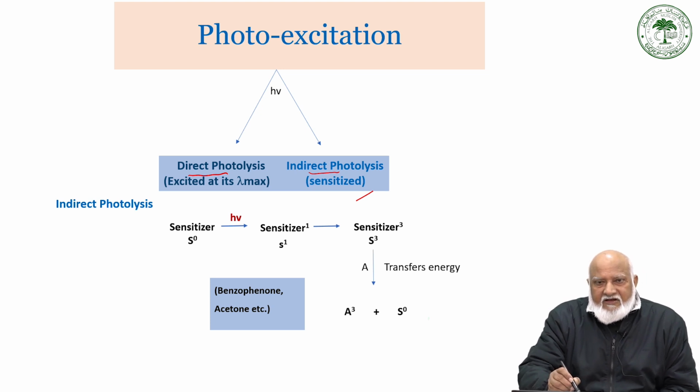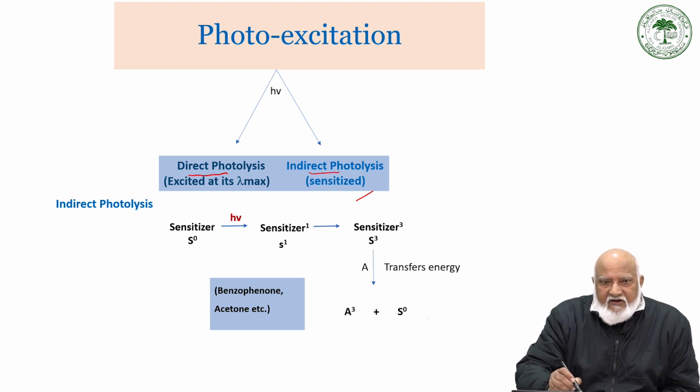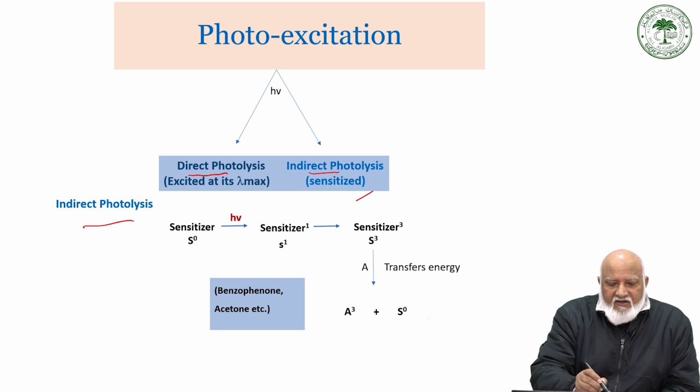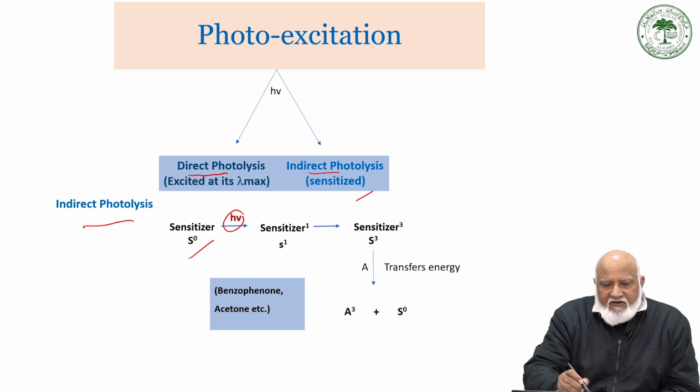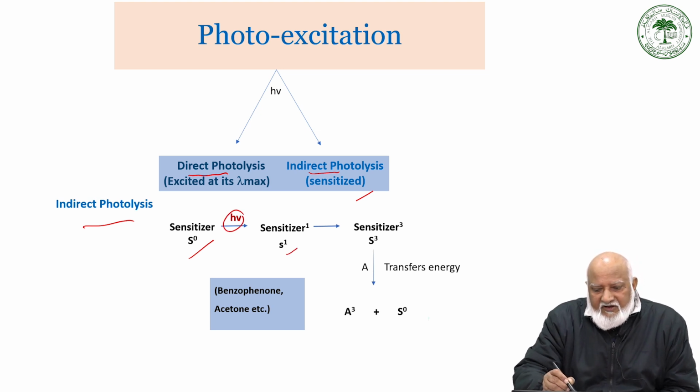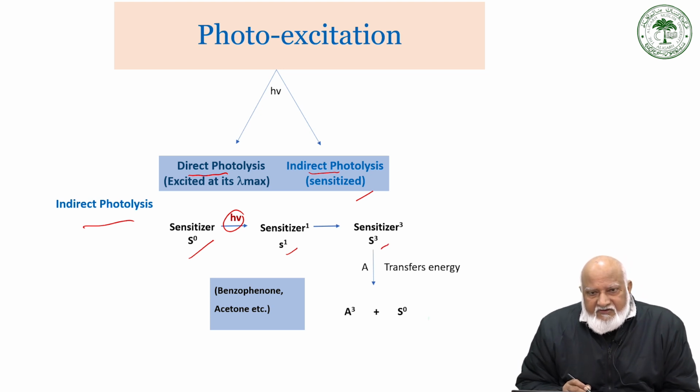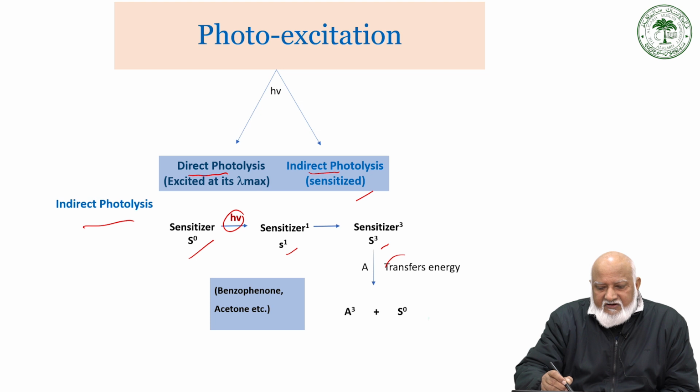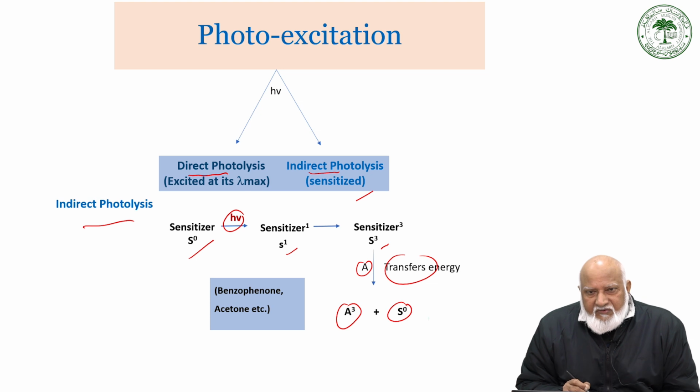For this indirect photolysis or sensitized photoreaction, we use another molecule known as a sensitizer. The sensitizer on absorption of light can go to an excited singlet state, or it can come to an excited triplet state, and this excited triplet state can transfer energy to molecule A, and molecule A goes to an excited state, and the sensitizer comes back to the ground state.